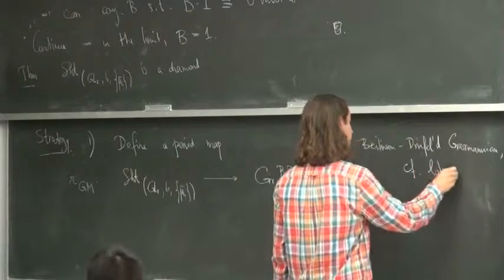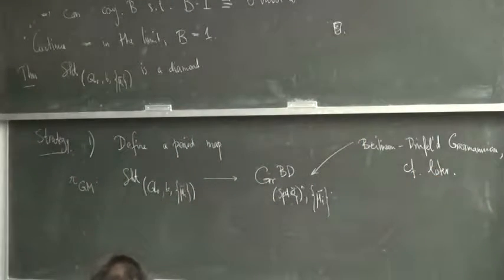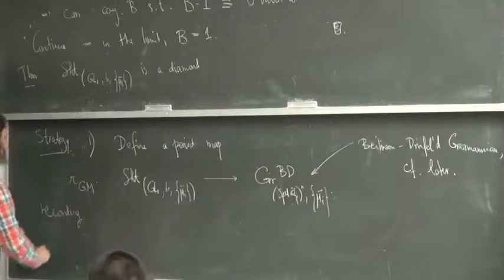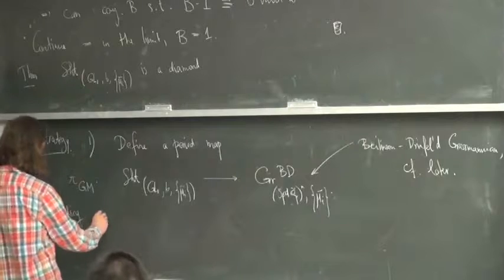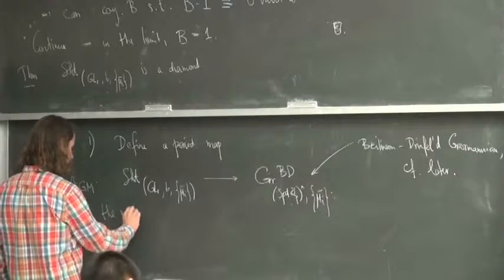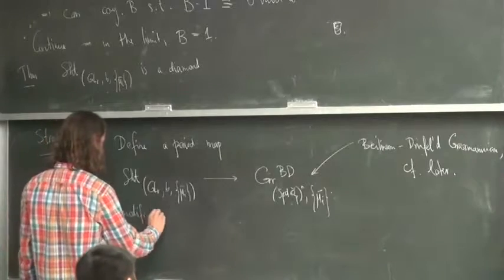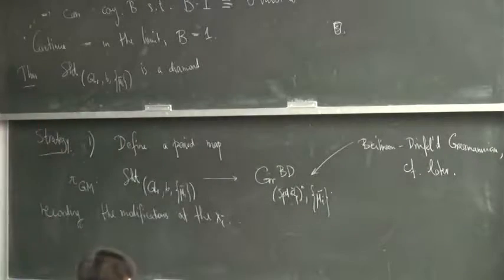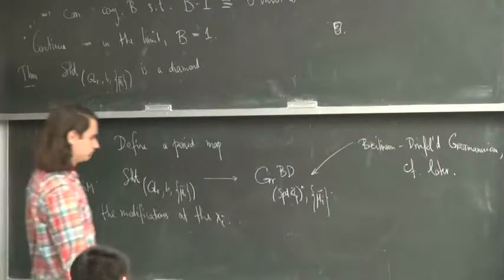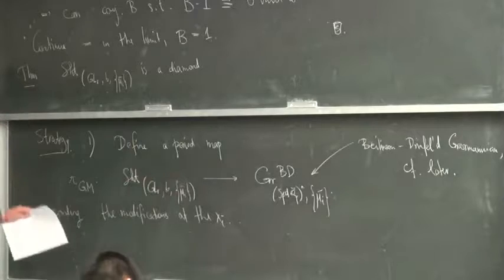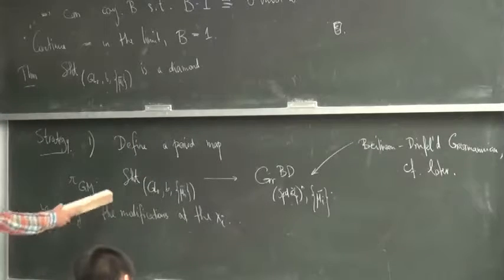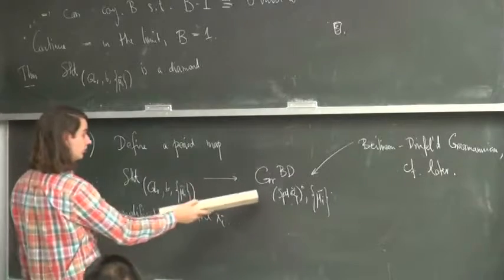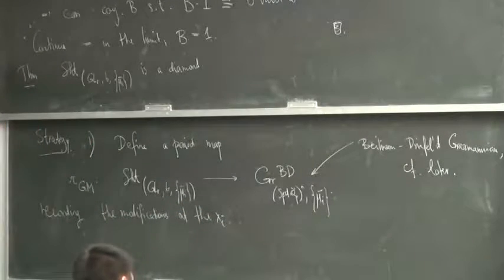I will give a definition later. What this period map does is just record the modifications happening at the points. In the case of this moduli space of p-divisible groups that we had last time, this was just some usual Grassmannian. But in general it's something more fancy because we have to parameterize some B_dR^+ lattices.